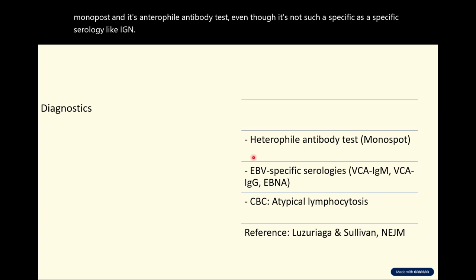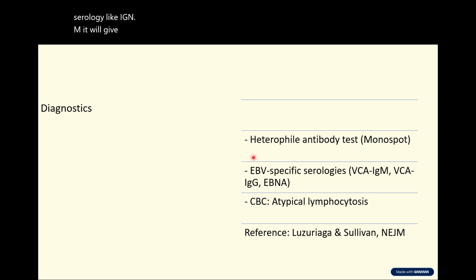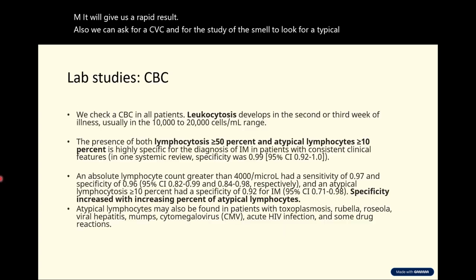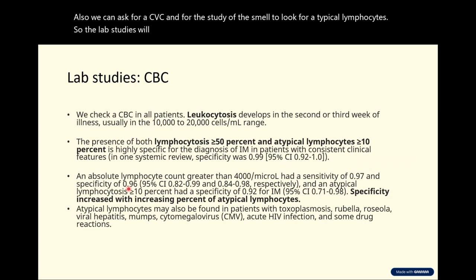It will give us a rapid result. Also, we can ask for a CBC and for the study of the smear to look for atypical lymphocytes. So the lab studies will include checking the CBC in patients.